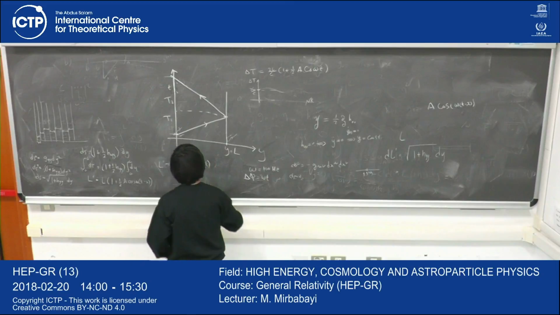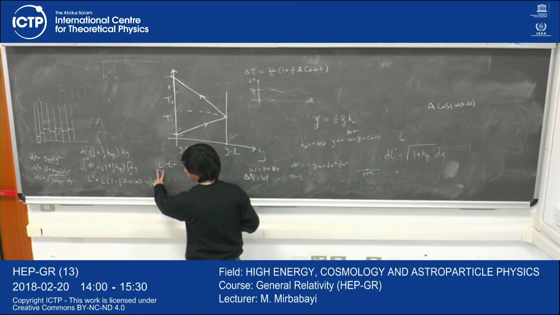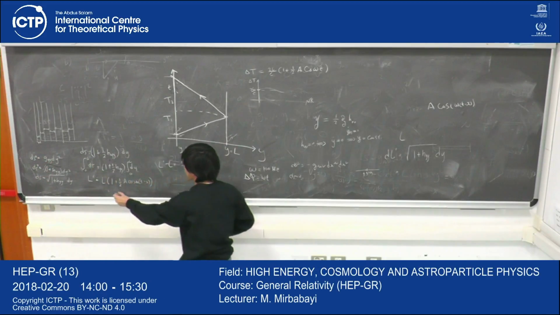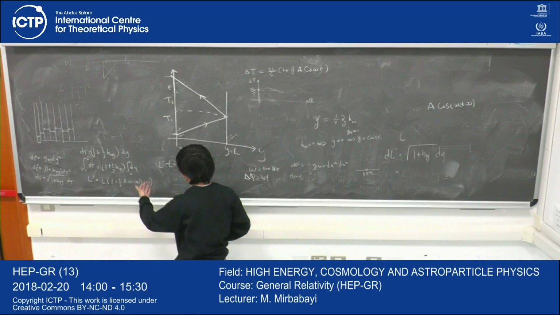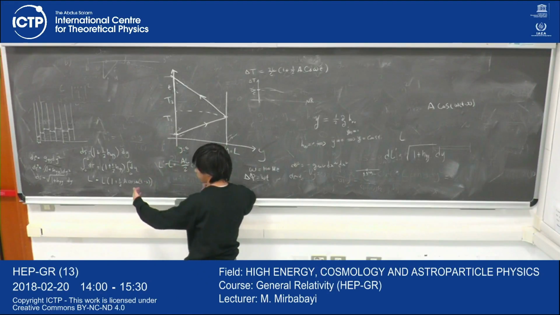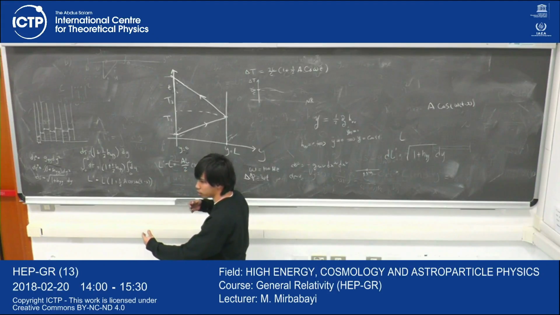L prime is the space-like separation measured by the good ruler, and L is the length of the rigid ruler.